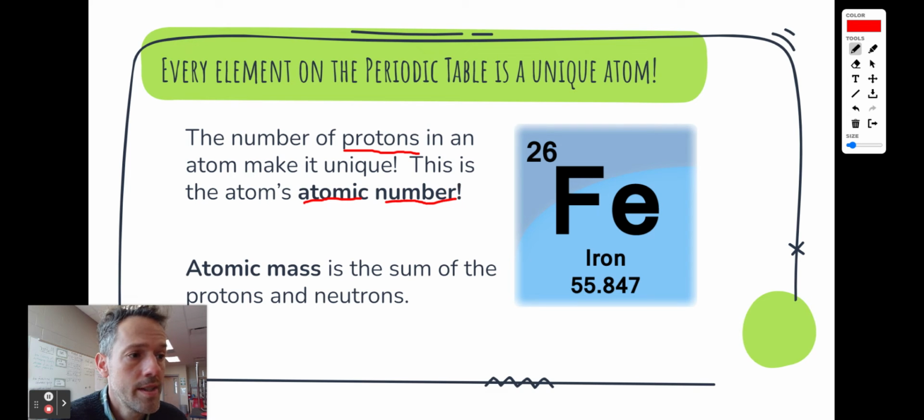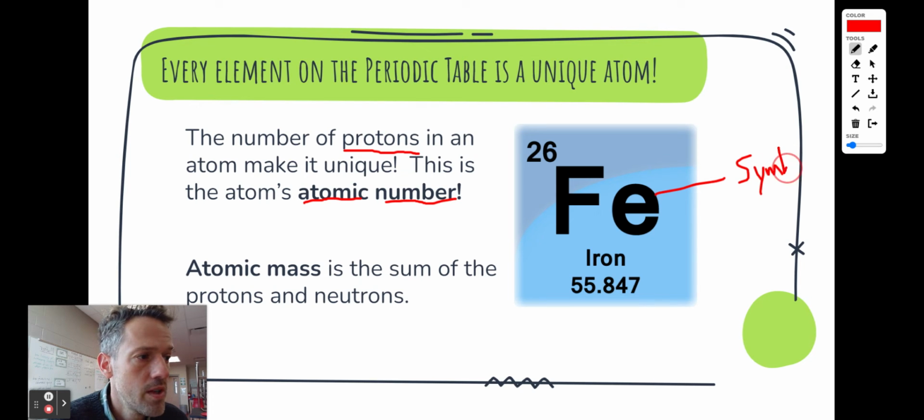So looking at the periodic table, if I were to look at any particular tile or square on the periodic table, I could learn a couple things about whatever element that is. The first thing, there's a symbol, and the symbol is usually one or two letters.